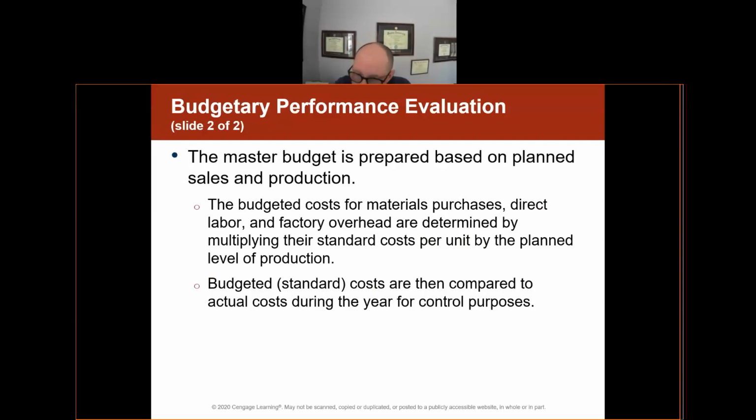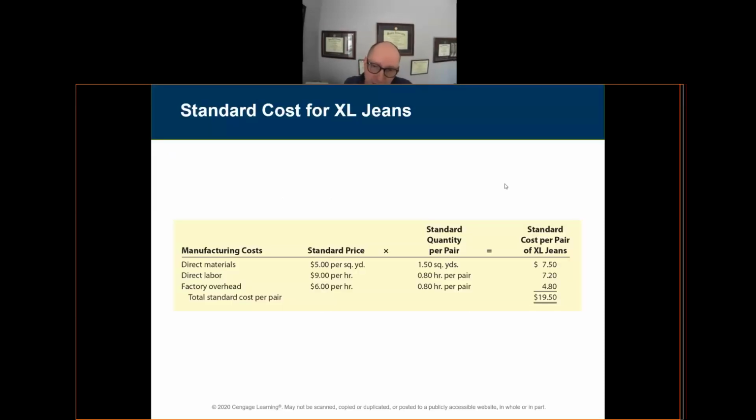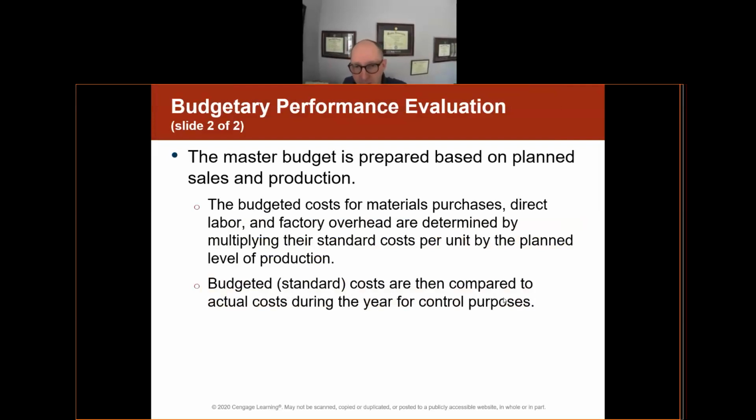In other words, I take my $19.50, which is my standard cost per pair of blue jeans, and I multiply that by the number of units I expect to produce during the accounting period to get my budgeted cost. Right? The budgeted cost, also known as standard cost, are then compared to the actual cost during the accounting period.